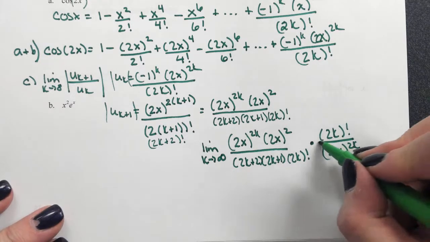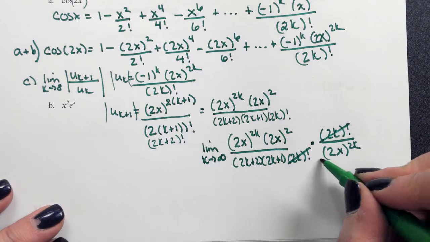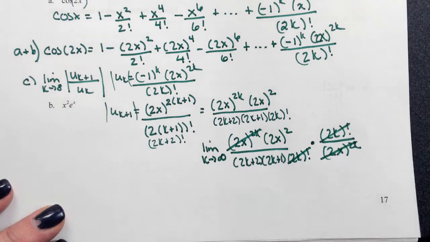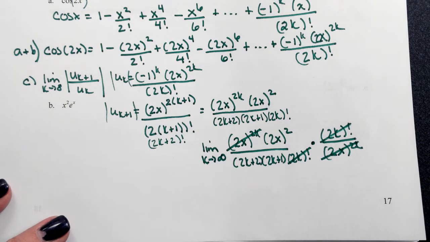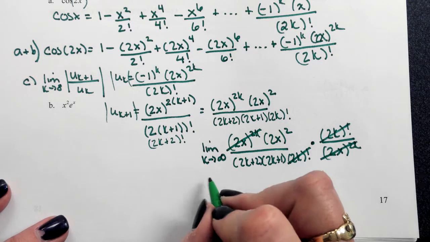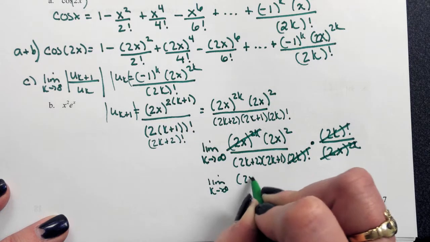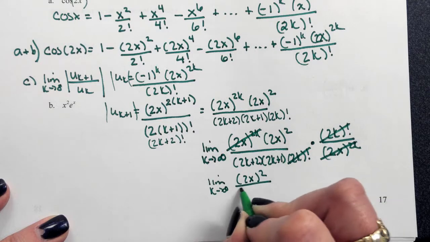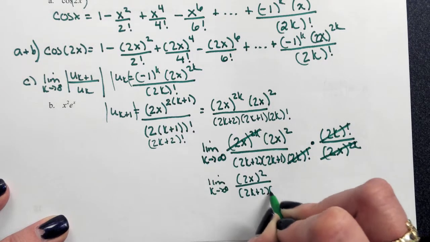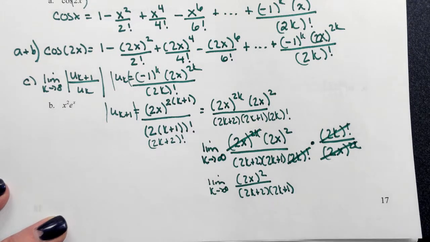So I can cross-cancel the 2k factorial. I can cross-cancel that 2x raised to the 2k. So I have the limit as k approaches infinity of 2x to the second power divided by 2k plus 2 times 2k plus 1.